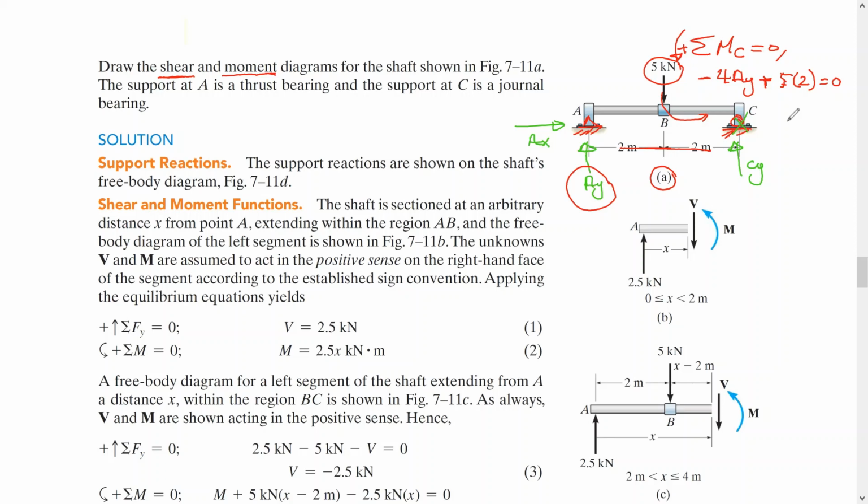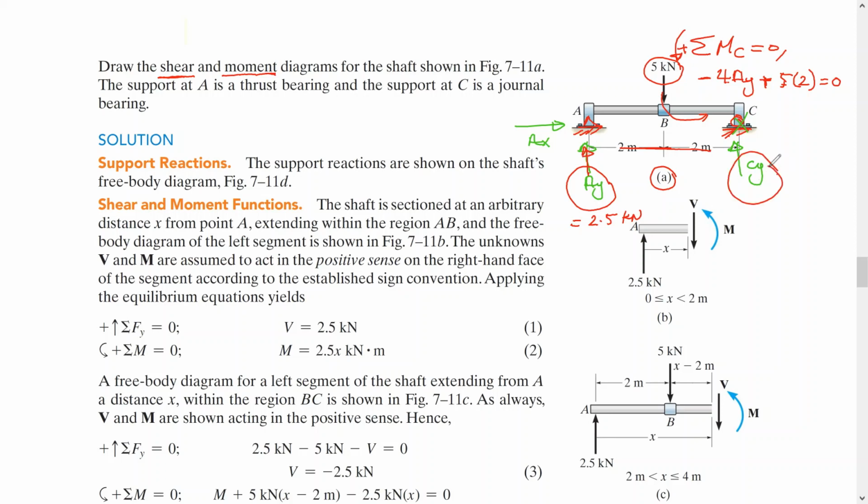Solving this equation, we will get AY equal 2.5 kilonewton, and the direction as pointed here upward.